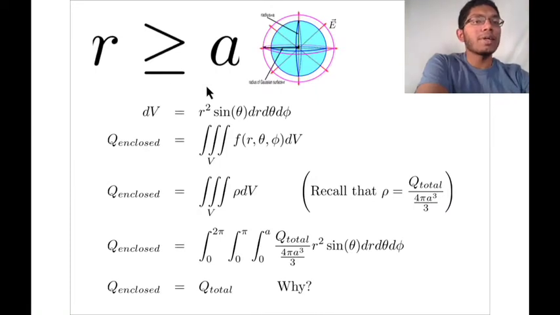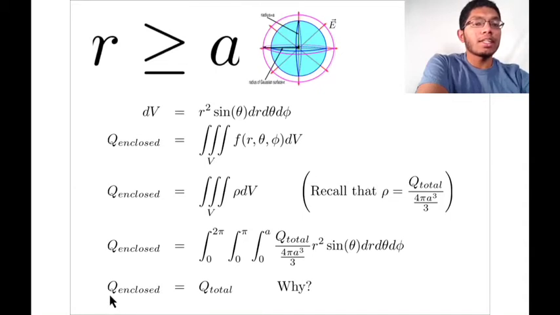We'll start with r greater than or equal to a. We know this dV element from the previous slide, and we can find the Q enclosed just by taking the volume integral of rho dV. Note that rho is just Q total over 4 pi a cubed over 3. So just plug in the values here. dV goes over here, and rho would go in over here.